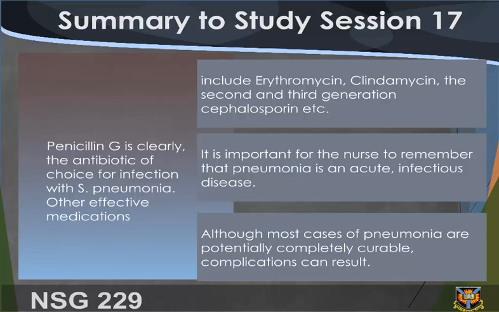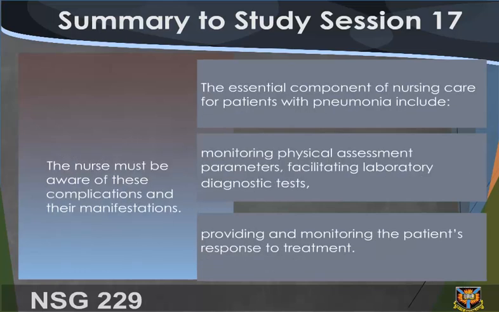Other effective medications include erythromycin, clindamycin, the second and third generation cephalosporins, etc. It is important for the nurse to remember that pneumonia is an acute infectious disease. Although most cases of pneumonia are potentially completely curable, complications can result. The nurse must be aware of these complications and their manifestations.